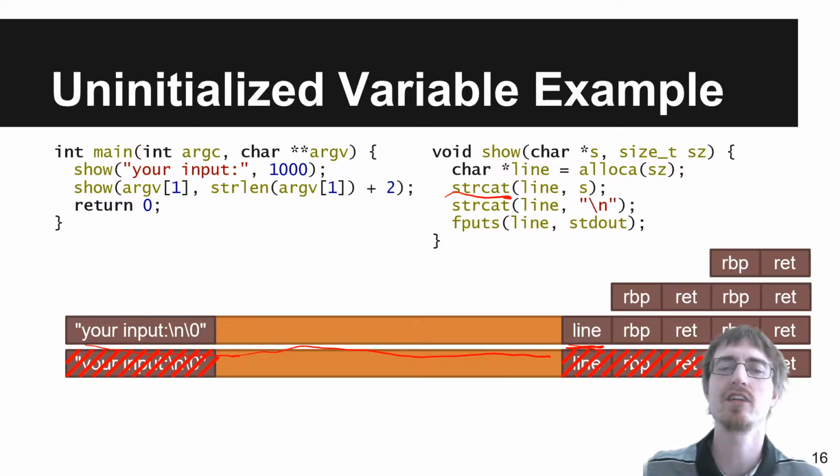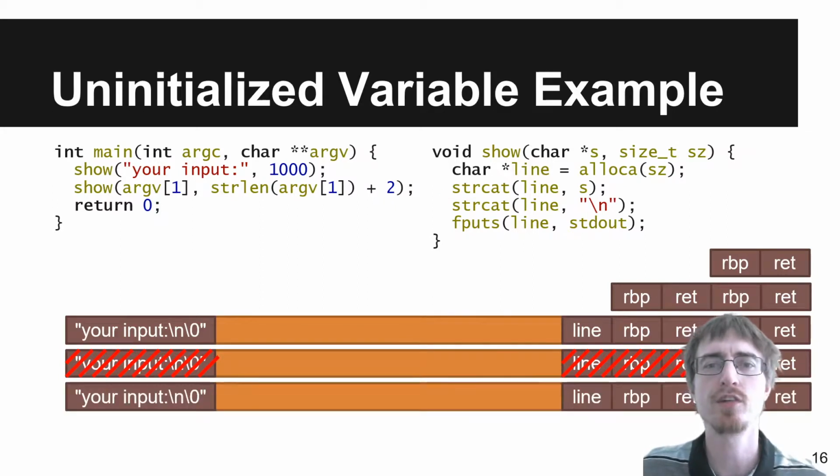So now the second call. We pass an attacker supplied buffer and we allocate enough data to store this buffer. We have the string length + 2, which should be enough space to add the newline as well as the null terminator. The second call of the show function brings us back to the point where everything that is shown here is officially allocated.